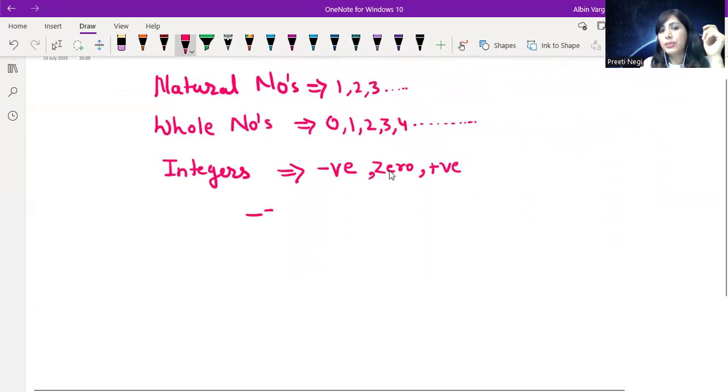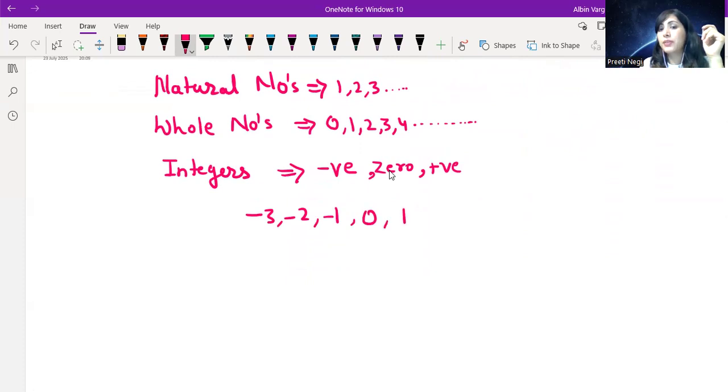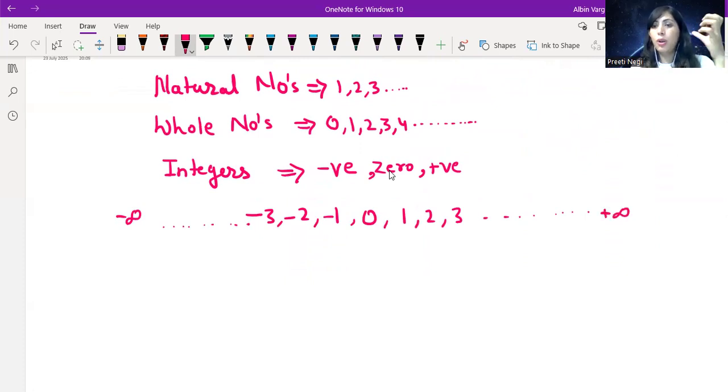Like we have -3, -2, -1, 0, +1, +2, +3, and so on, up to infinity. Similarly here, up to infinity, negative infinity, and positive infinity. So all negative numbers and all positive numbers mixed together are integers. Understood? So natural numbers start with 1, whole numbers start with 0, and all negative numbers and positive numbers including 0 are integers.